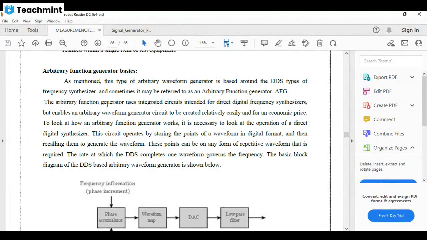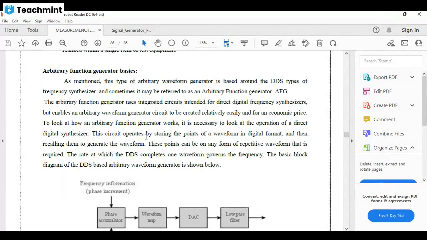The arbitrary function generator uses an integrated circuit intended for direct digital frequency synthesis, but it enables the arbitrary waveform generator circuit to be created relatively easily and economically. To look at how the arbitrary function generator works, we need to look at the operation of the direct digital synthesizer.